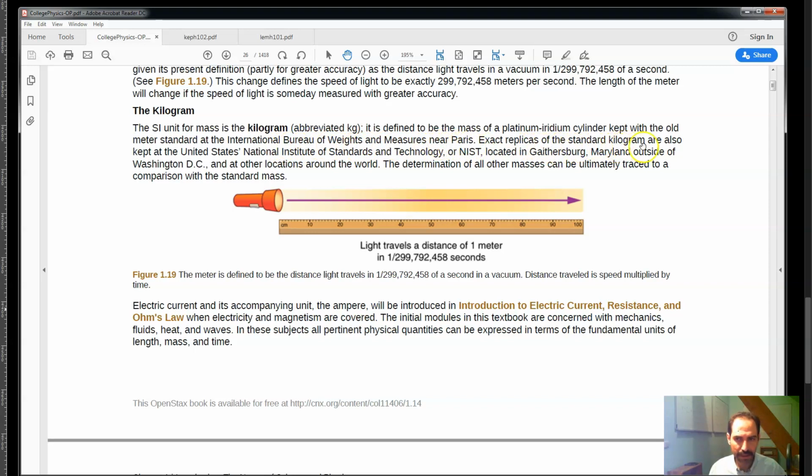Exact replicas of the standard kilogram are also kept at the United States National Institute of Standards and Technology, or NIST, located in Gaithersburg, Maryland, outside of Washington, D.C., and at other locations around the world. The determination of all other masses can be ultimately traced to a comparison with the standard mass.